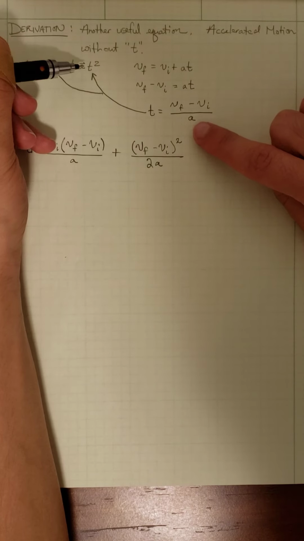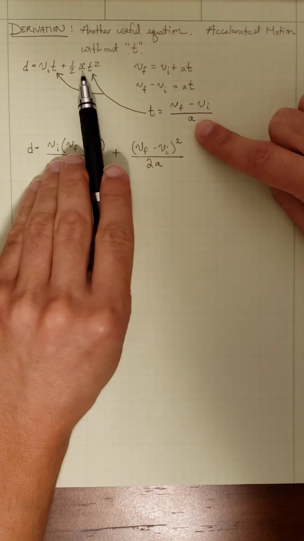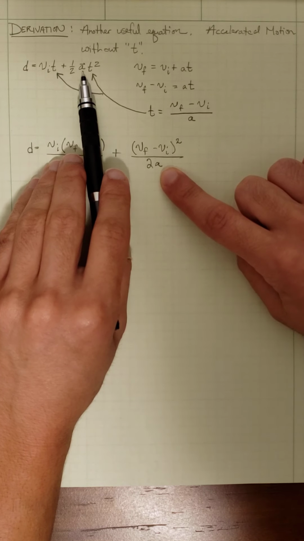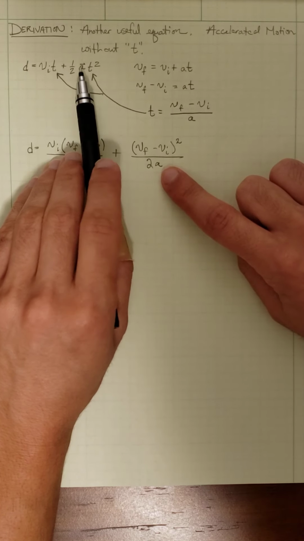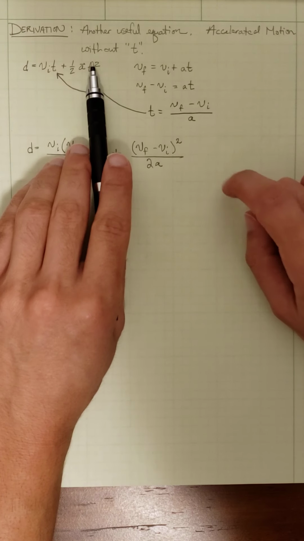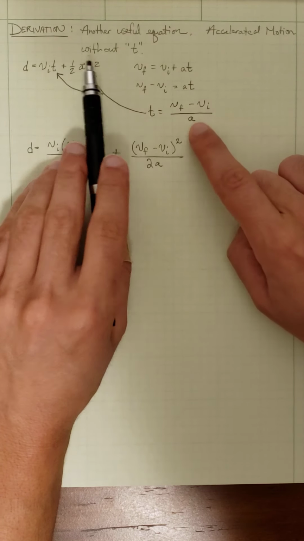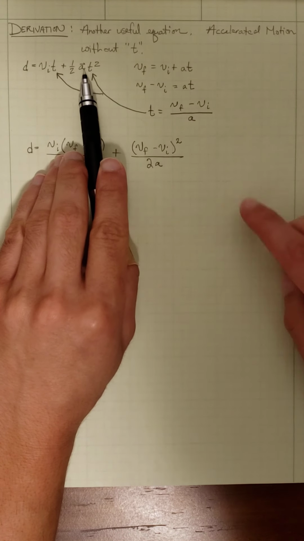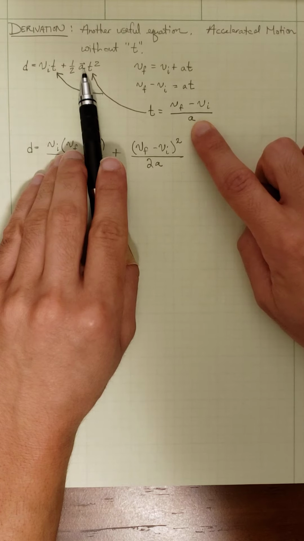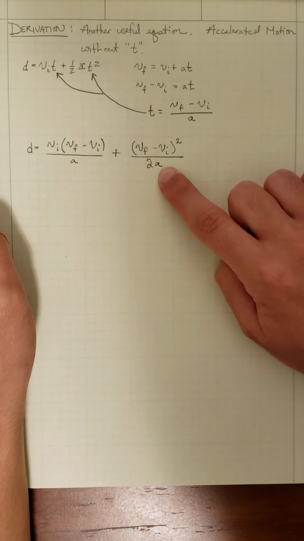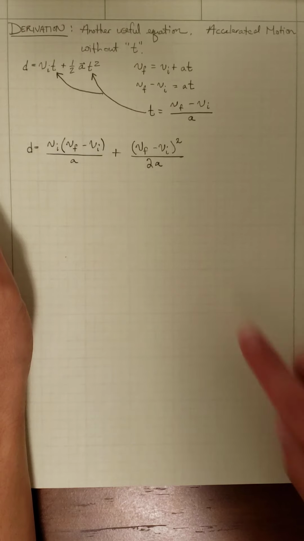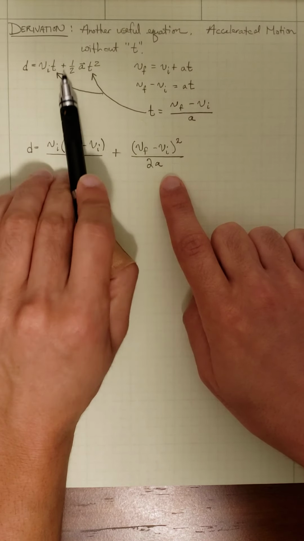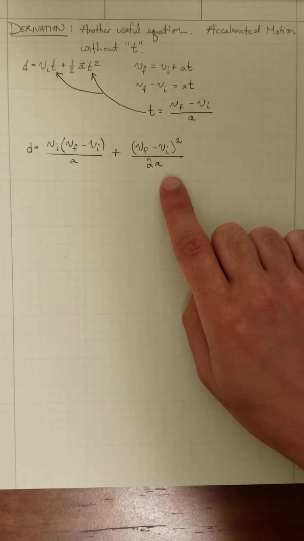But if we're dividing by a squared, and then we also have to multiply by a here, the result is simply dividing by a, right? This a cancels one of the squared a's here, because this a comes in the numerator, this a in the denominator is squared. The result is 1a left in the denominator. So this is the result of this term with t substituted in.